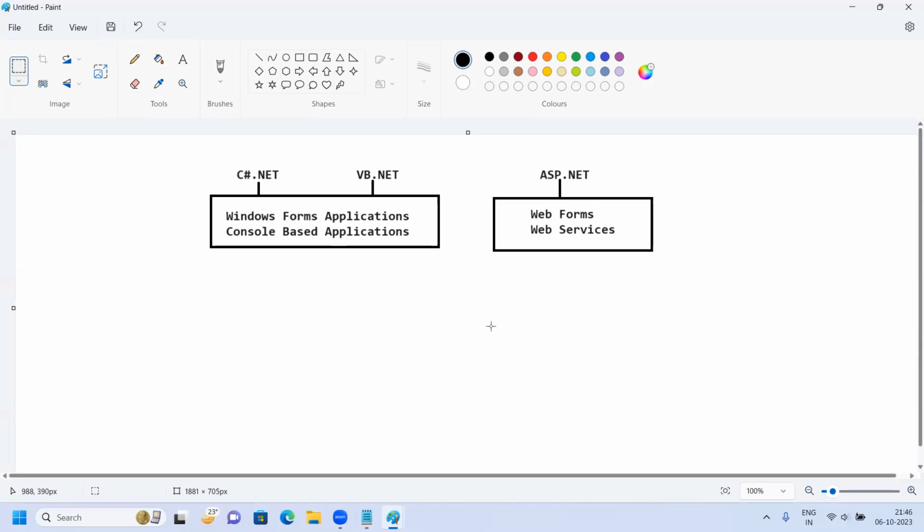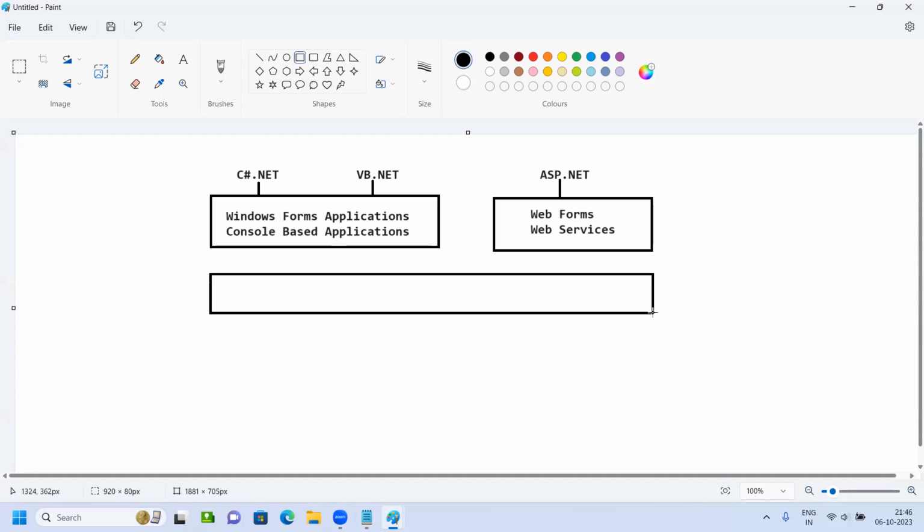Though they are developing different types of application, they both are utilizing the same software. Their environments are different. The way you write coding is different. The way you approach them is different.